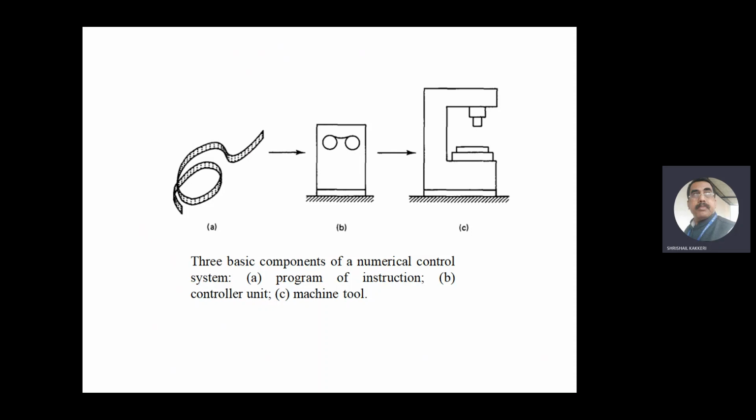This header will read the tape and it will be converted into the voice, which we are able to understand. You assume that I am a machine, I can understand only the song by sound. The song is already hidden inside the tape in the form of magnetic signals, that will be converted by a header. The header will be just like the machine control unit. Your cassette will be the program of instructions and the machine. Very simple. You understood? Okay.